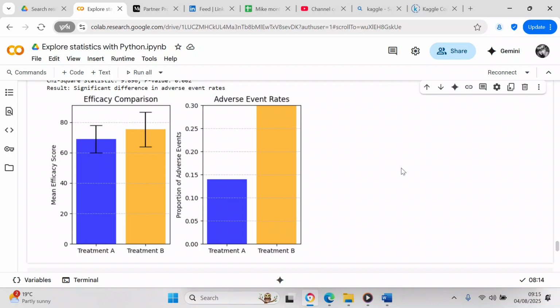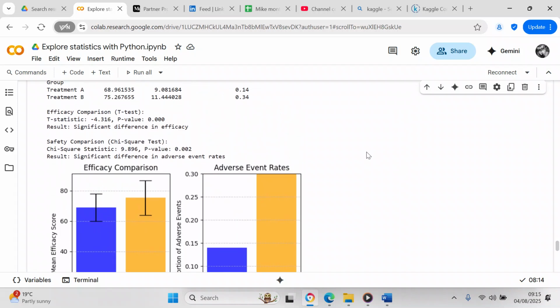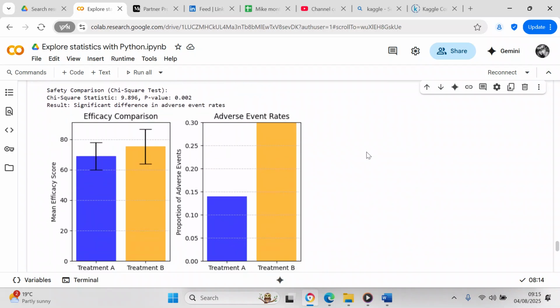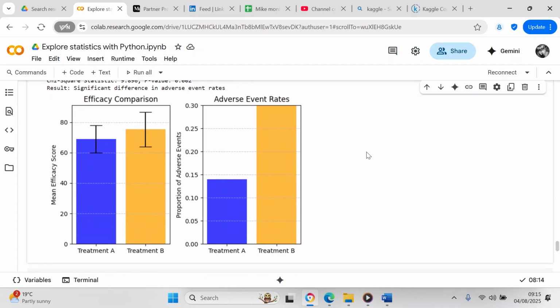The mean efficacy score for treatment B is greater than that of treatment A, and the adverse event rate for treatment A is much less than it is for treatment B. Treatment B actually goes over the chart, because the adverse event rate for treatment B, I believe, is about 34%, and the chart only goes up to 30. So the bar just goes off the chart.